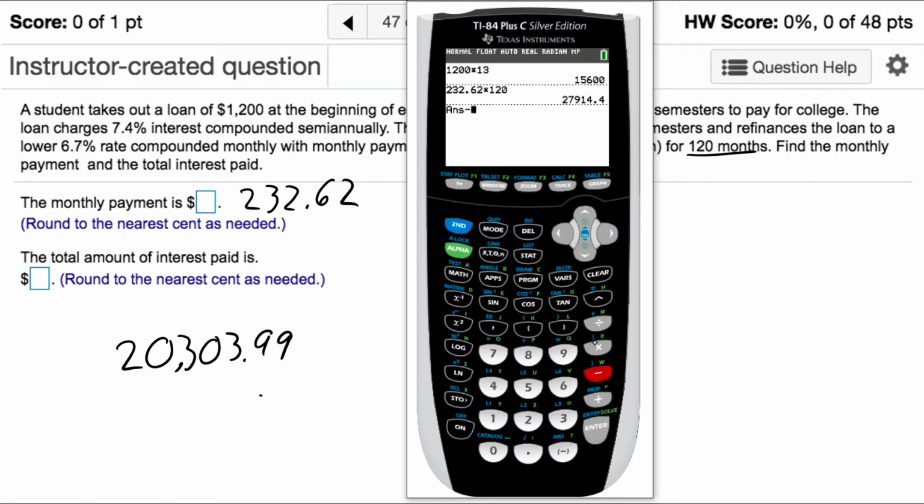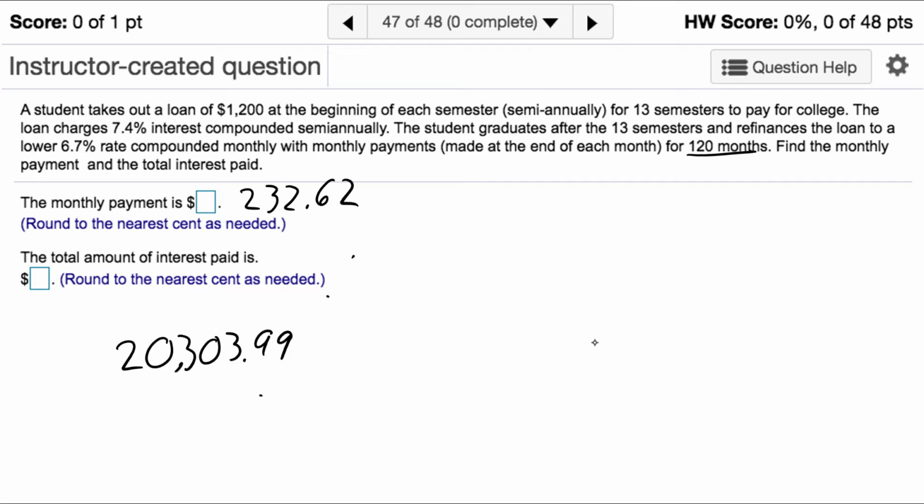And so if we take that and we subtract out the $15,600 that the bank gave to the student in the first place, we get that the amount of interest is $12,314.40. And so that would be the total amount of interest paid over the entire time period, which is the 13 semesters plus the 120 months.